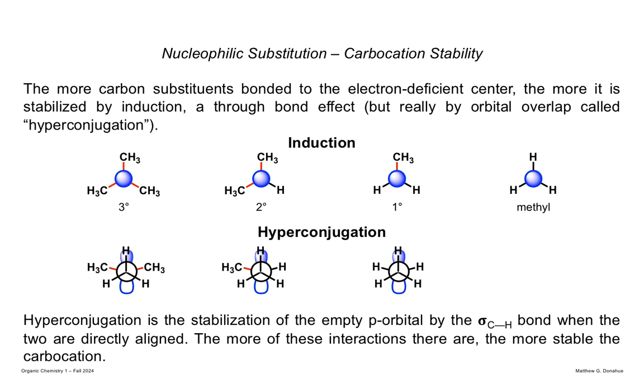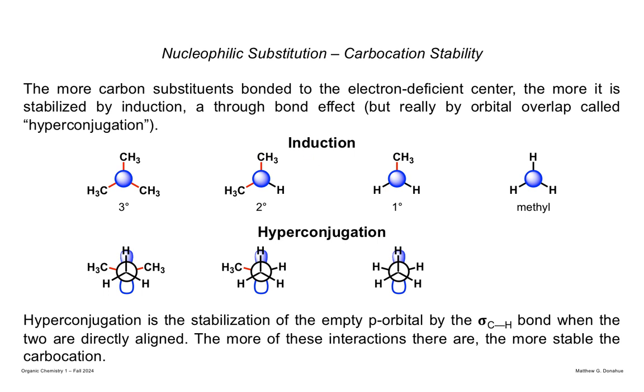The red line is indicating that through induction, through that bond, the p orbital is stabilized. The more of those interactions you have, the more stable the carbocation is. Remember, induction is like tug of war through the sigma bond network.